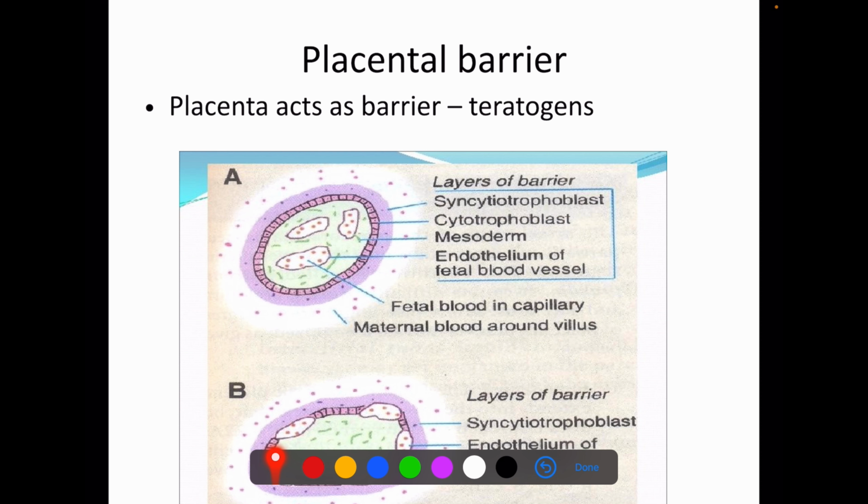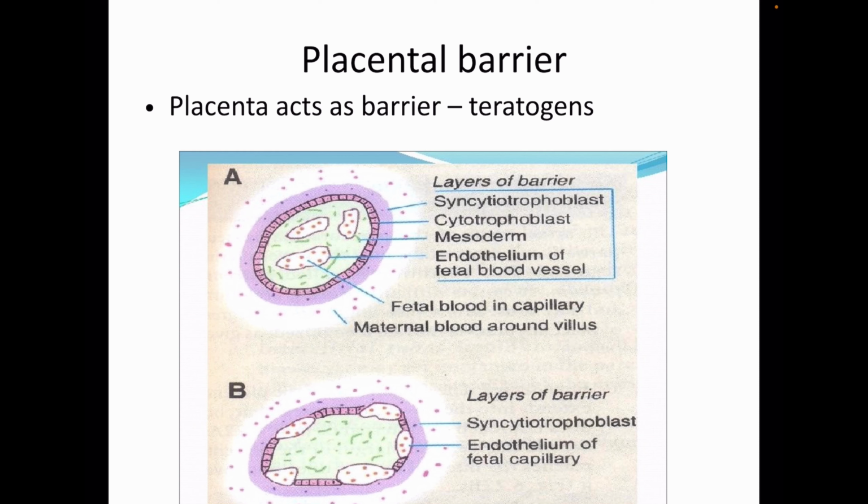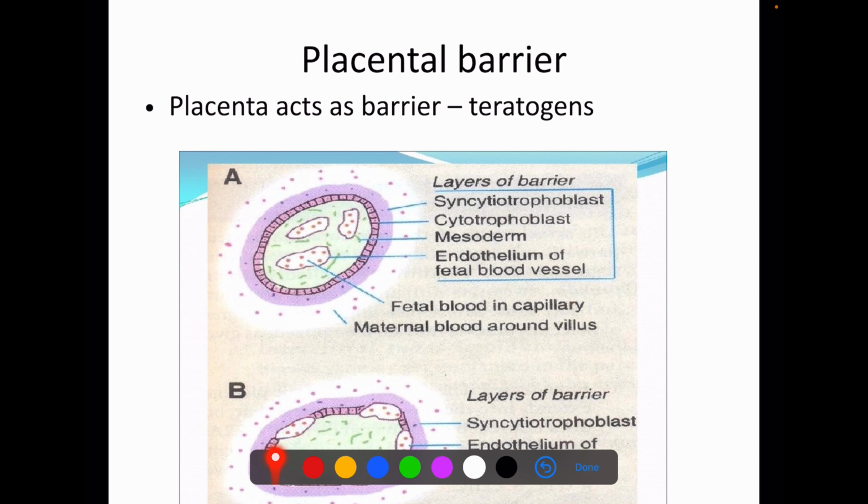As development proceeds, the cytotrophoblast remains only in part, and only the endothelium and the syncytiotrophoblast form the placental barrier in the later stage of pregnancy. Now understand the importance of the placental barrier. This barrier is selective, and it prevents entry of large molecules.